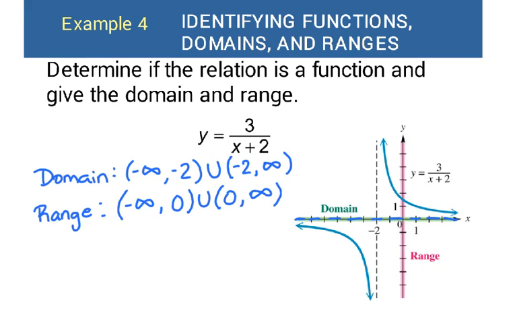And then that is our range for this function. And I keep calling this a function, even though we haven't necessarily determined that it is a function, but you could see that if we draw a vertical line anywhere on this graph, any vertical line, it would pass the vertical line test. So it is a function too.